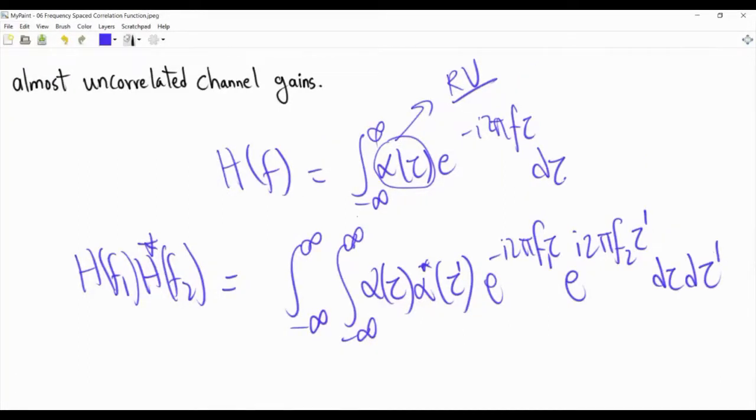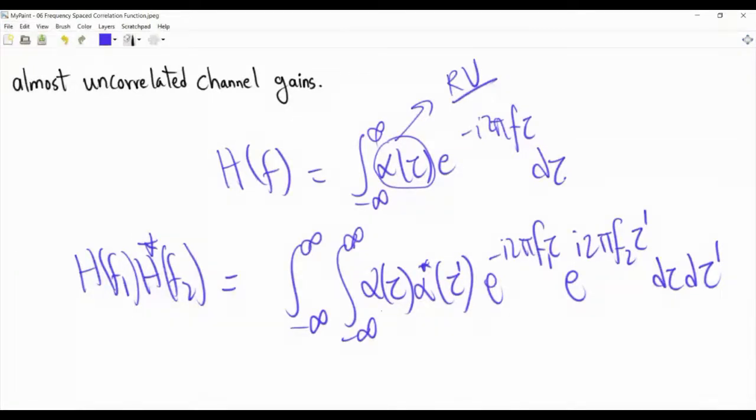That's the product of this integral evaluated at f1 and evaluated at f2, and we need to conjugate. That's how we define correlation if we have complex valued signals.